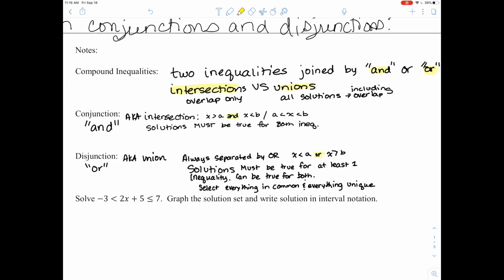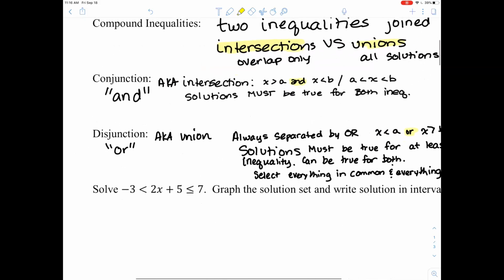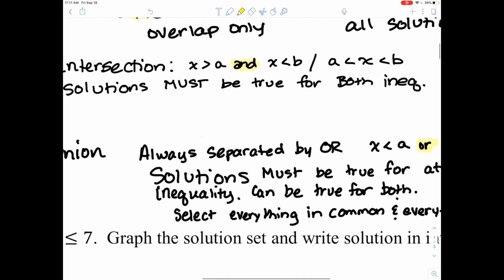So what is a conjunction? You may not have heard that term before. A conjunction is also known as an intersection. In a conjunction, you will see the two inequalities written and separated by the word and. For example, x is greater than a and x is less than b.